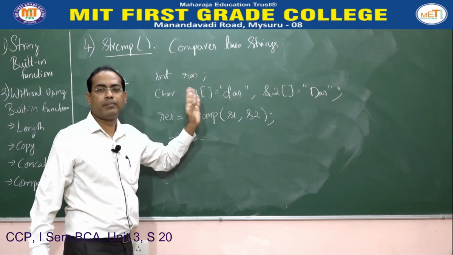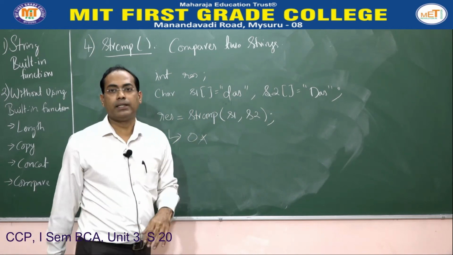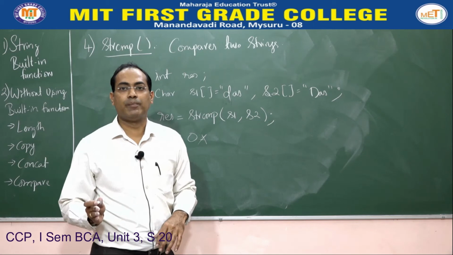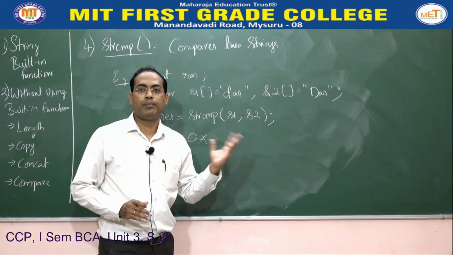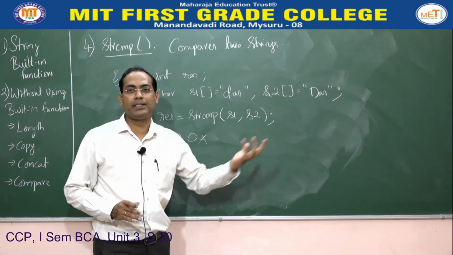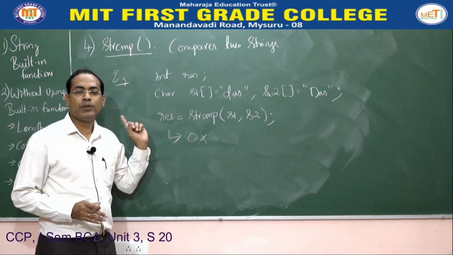Even though the character means same, it will not return a 0, it will return a positive number or a negative number depending on the subtraction or comparison that is being performed. It will not return a value 0.